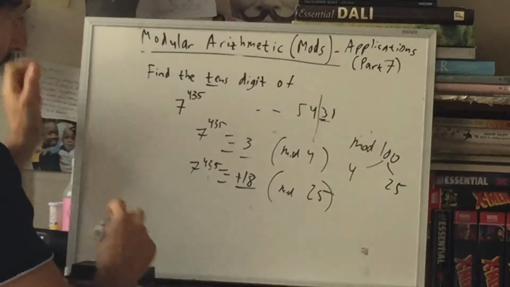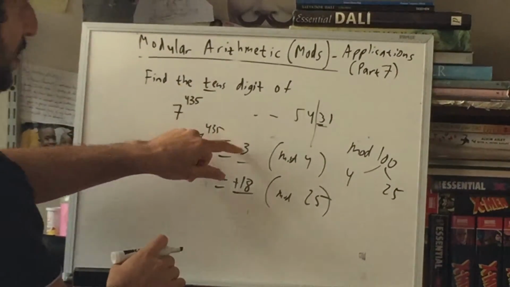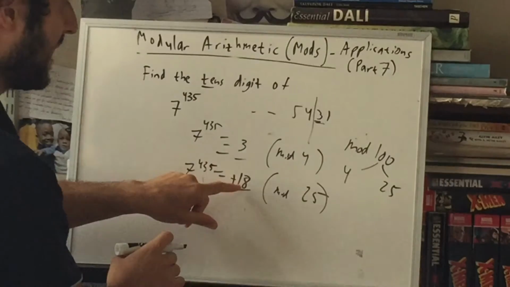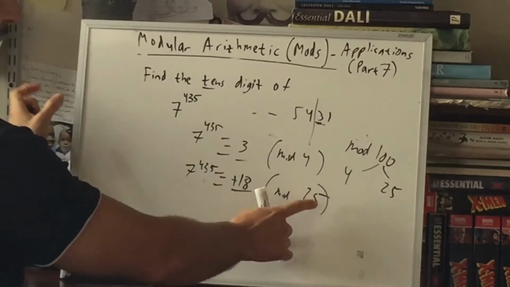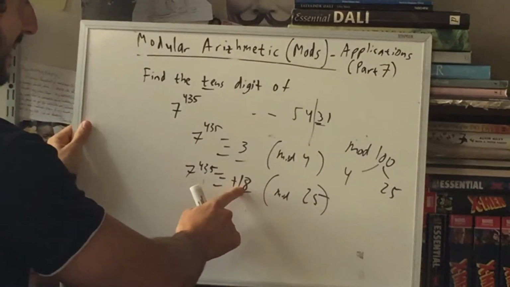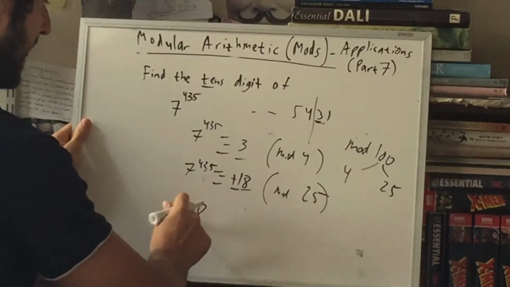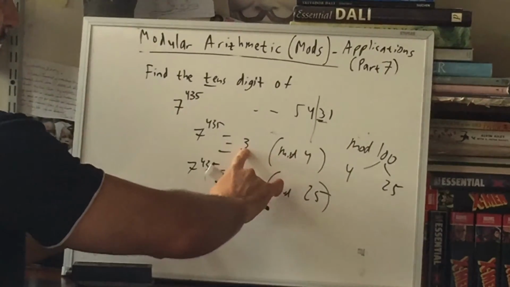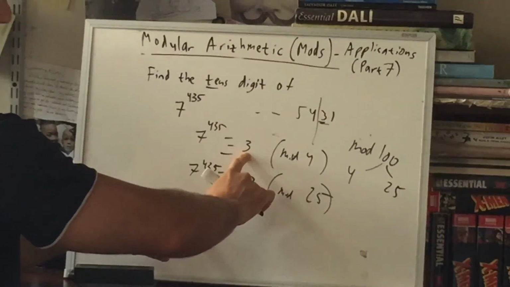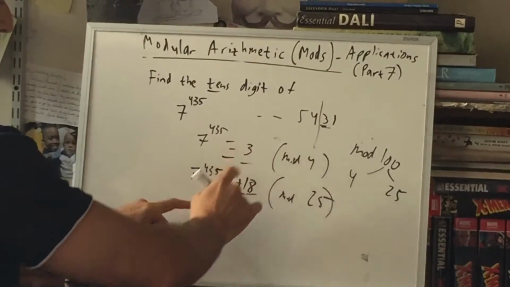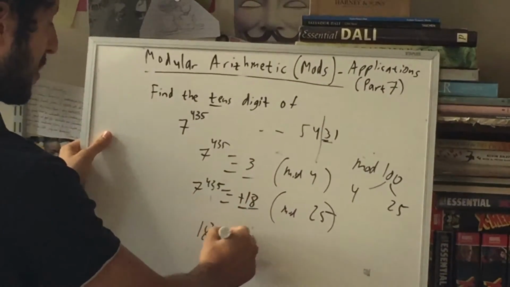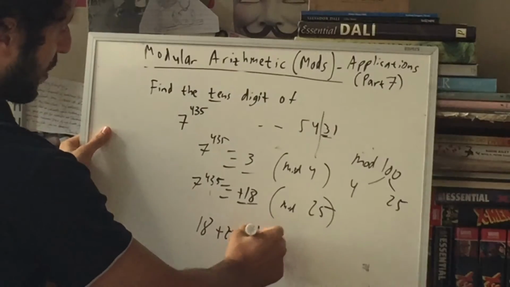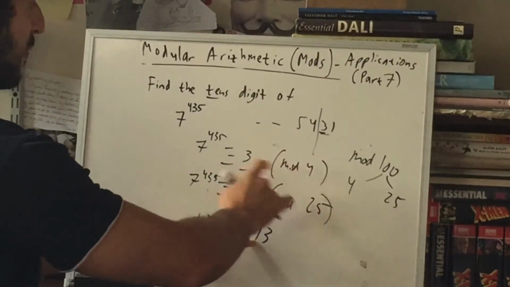So we're looking for a number that's 3 mod 4 but 18 mod 25. Let's start with the larger constraint. Let's just guess 18. Is 18 congruent to 3 mod 4? No, it's congruent to 2, the remainder is 2. So this doesn't work. Let's try adding 25. That's 43.